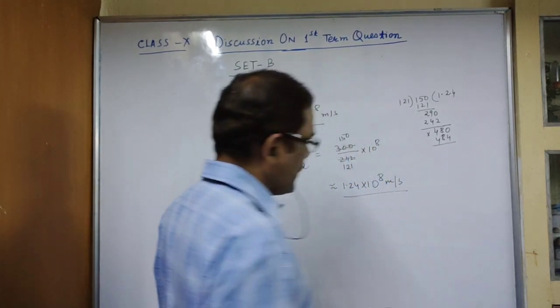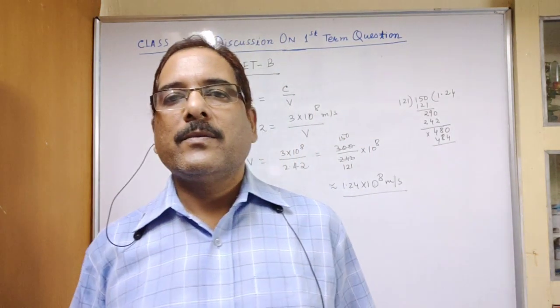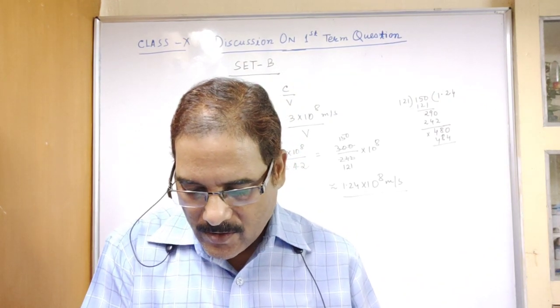So this is the speed of light in diamond. So for solving this part of the question you will get 1 mark. So the last question was of 5 marks in total.